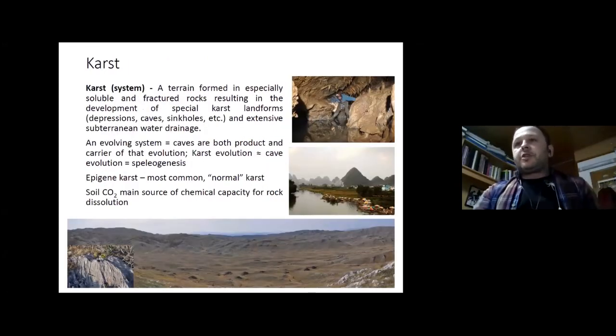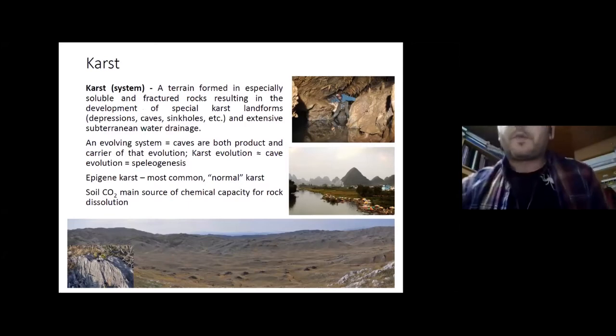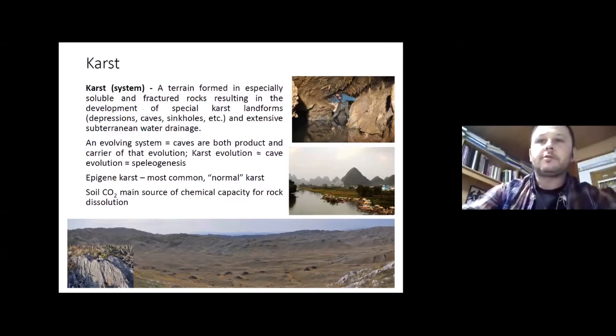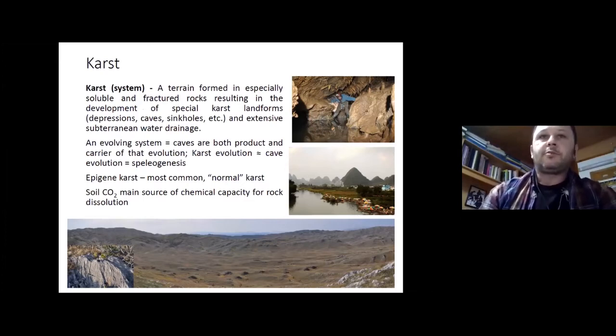Switching towards our main topic, the karst systems. Before going to the hypogene karst, just a brief note on karst. You already had a nice overview from Bogdan on caves and karst, but just a small note. We have this specific terrain formed in soluble rocks.